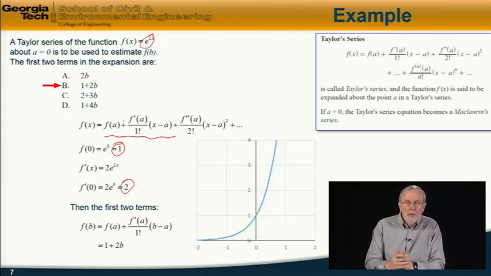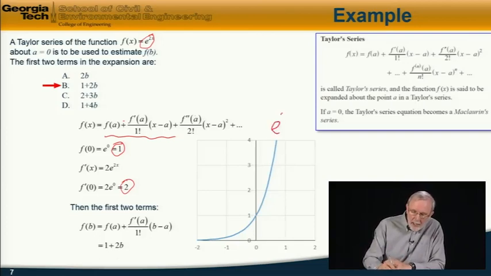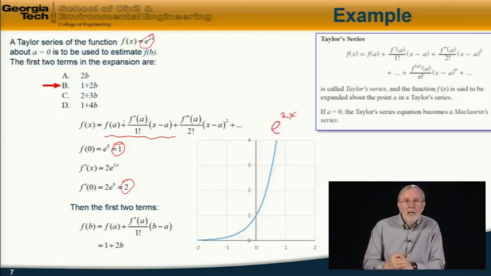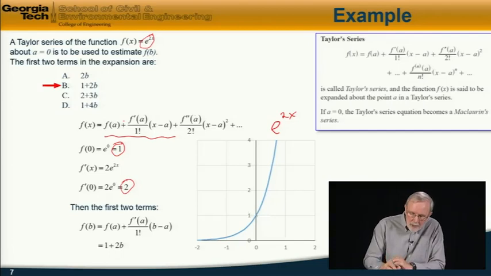Now, let's just look at what we did here. Here is a graph of the function e to the 2x. It looks like this. And what we're doing is finding the Taylor series about this point so that we can evaluate the function at some other point, say here. So in this case, we're only evaluating the first 2 terms.